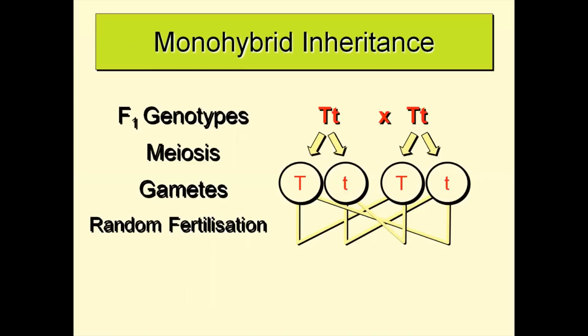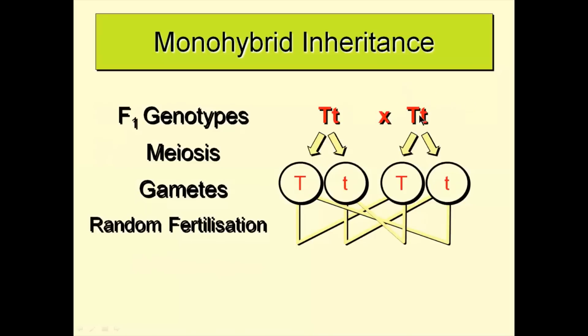If we want to consider the genotypic ratio, it can either be homozygous, that is capital T capital T, or heterozygous, that is capital T, small t. To calculate the genotypic ratio, we try to cross the gametes produced as shown. So for capital T, small t, the gametes produced are capital T and small t.